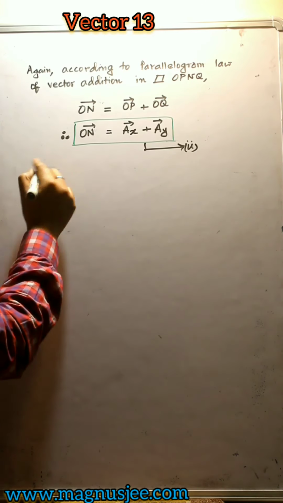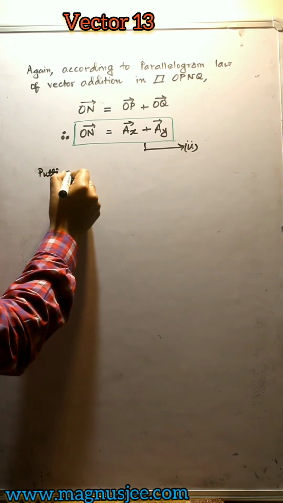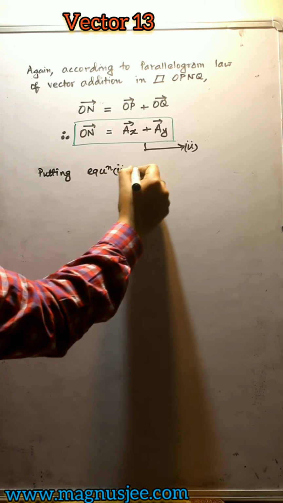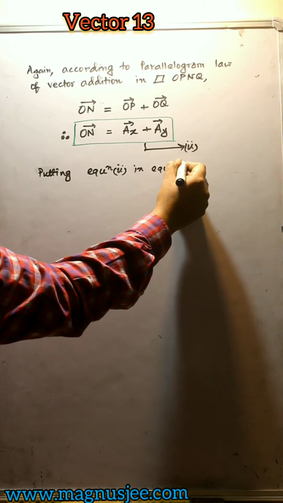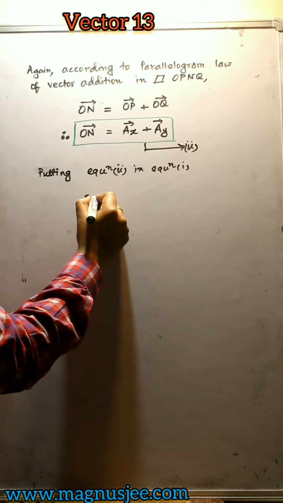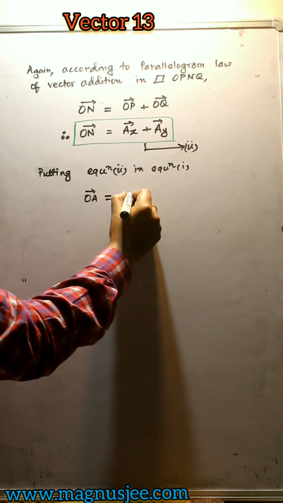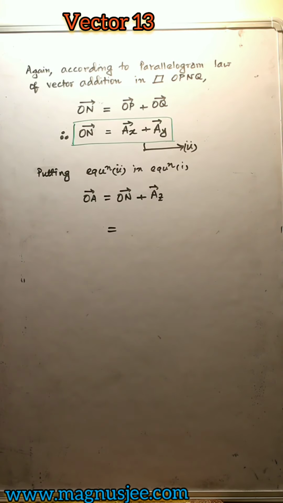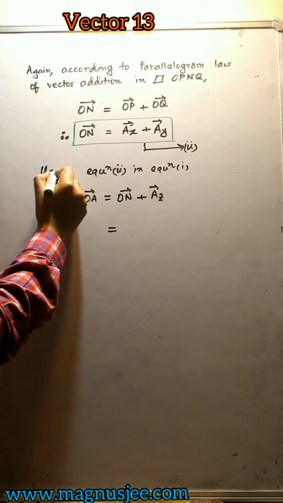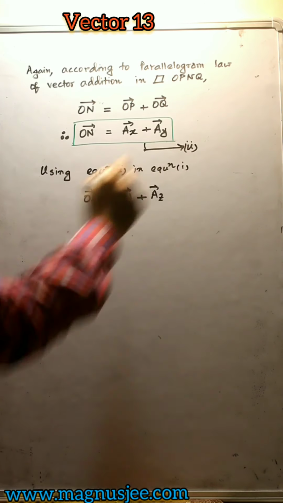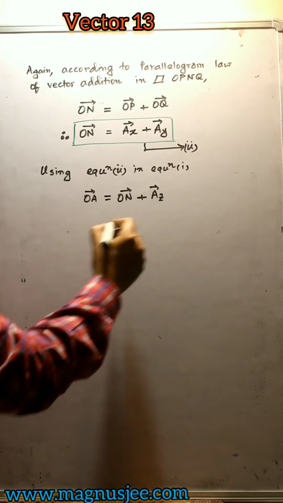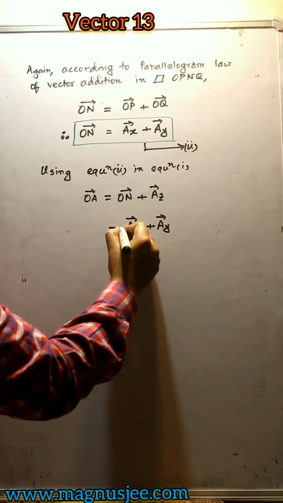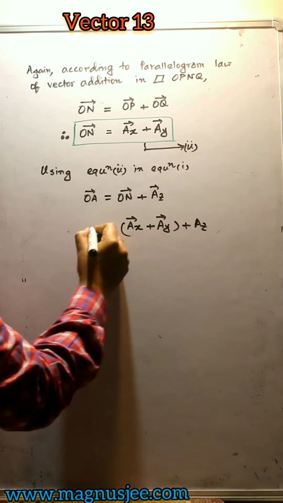Now, putting equation 2 in equation 1, we get vector OA equal to vector ON plus vector AZ, that is vector AX plus vector AY plus vector AZ.